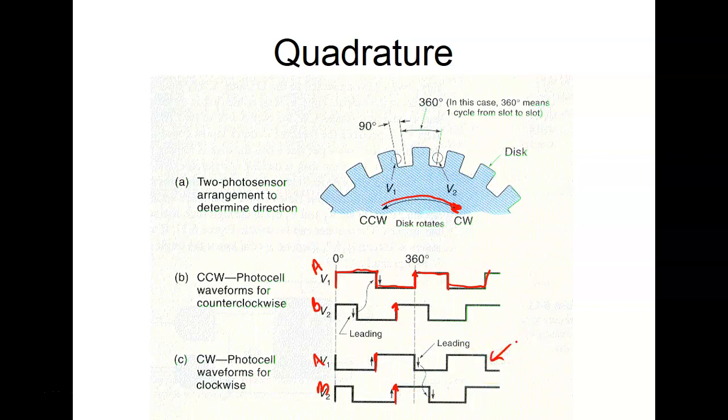We don't have to count both of them. We can count one of them, but we have a circuit that tells us the direction. If A leads B, it's turning in one direction. If B leads A, it's turning in the other.